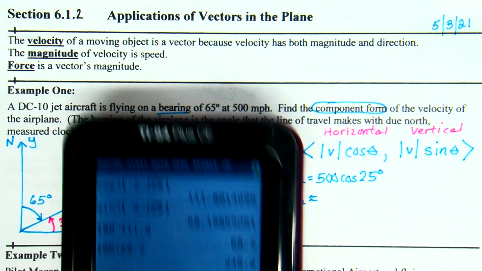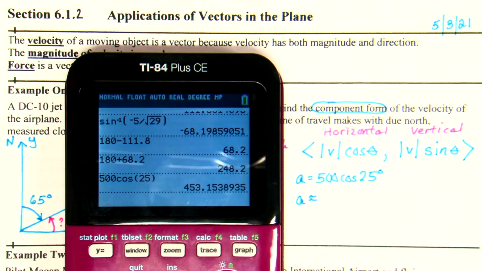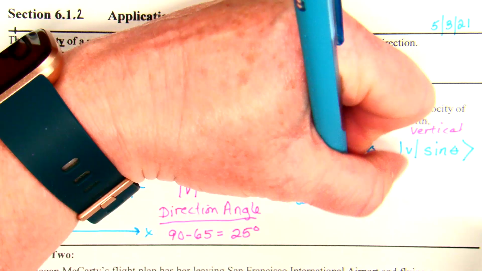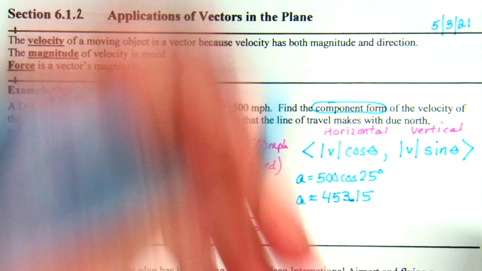Your calculator is going to give you some magic answer. We're in degrees, yes. So 500 times cosine of 25 degrees is 453.15.